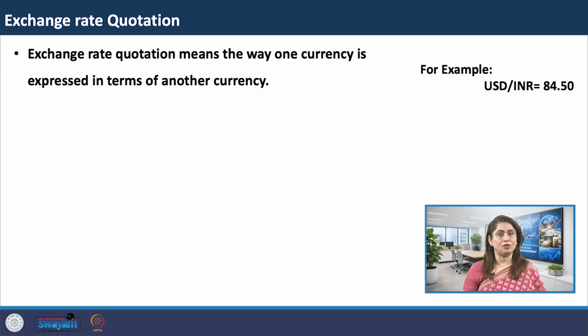It is purely about the format in which the rate is stated. For example, if I say USD by INR is 84.50, that is a quotation. If I say $1 by 84.50 rupees, that is also a quotation, but it is in words. The quotation is the language we use to communicate a price between two currencies.